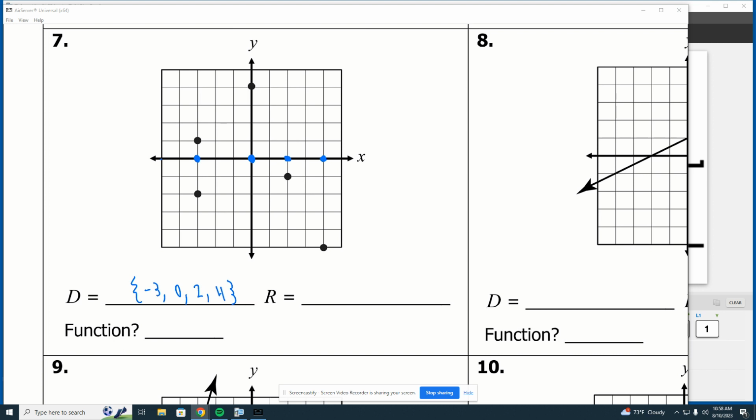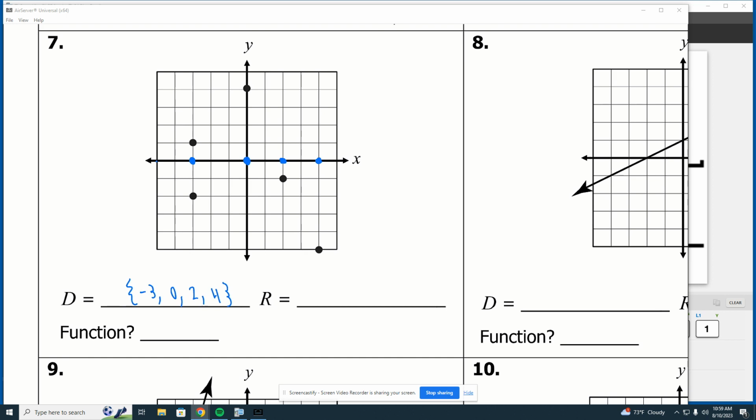I just scroll up and down, right? So again, I'm going to start at the bottom. That way it's in order. The first place I see where I have a y value to the left or right of it is way down there at what y value? -5. Let's keep scrolling up.